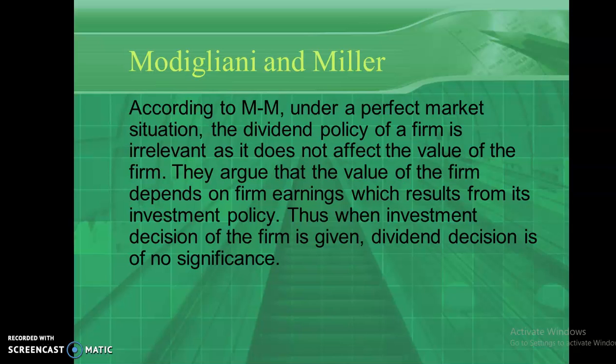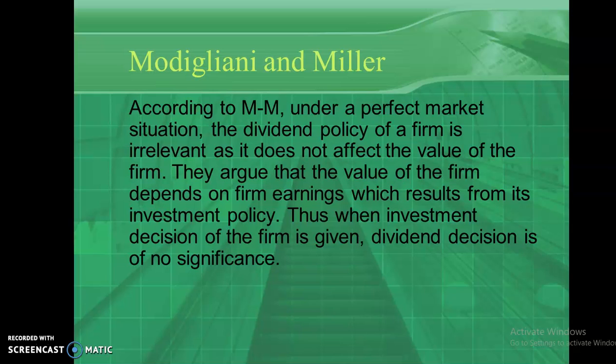If you invest in good assets, it will give maximum returns, which will maximize the value of the shares. And if you raise funds at a lower rate of interest from banks, it will maximize the value of the share. Dividend decisions and dividend policy do not have any influence on the value of the share. That is Modigliani-Miller's approach.